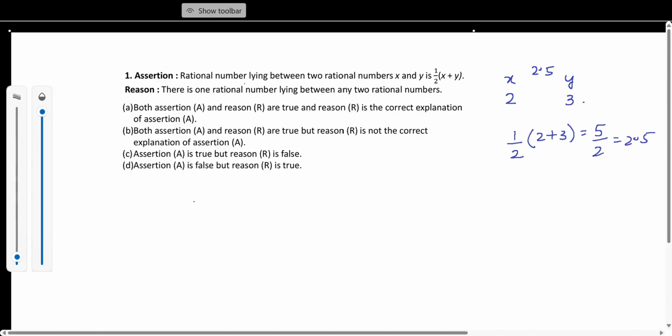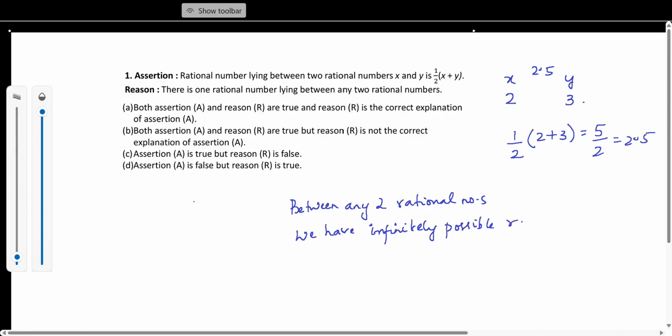Between any two rational numbers, we have infinitely many possible rational numbers. So this is actually the correct statement.